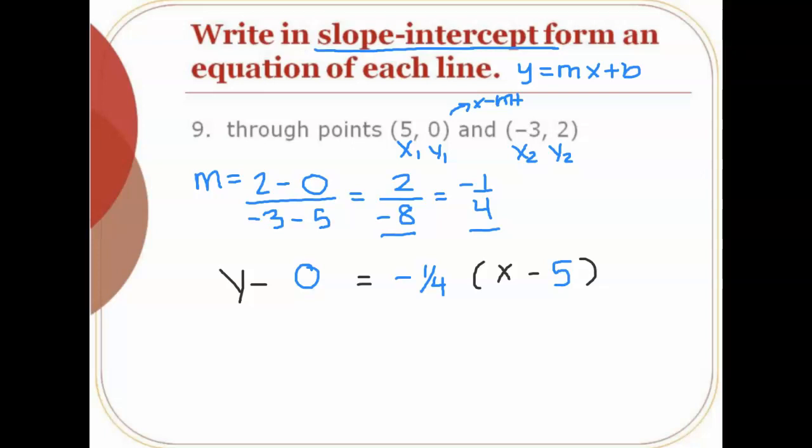Using x1 and y1, we get y equals negative 1/4 x. Negative times a negative is a positive 5/4.